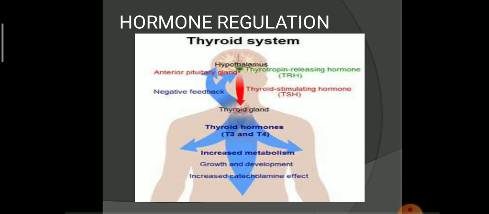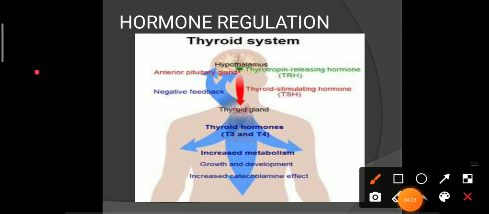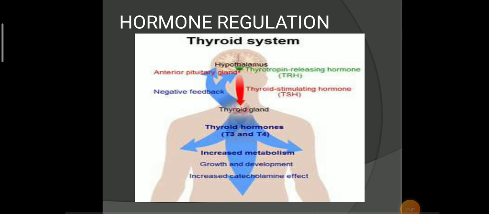Now coming to hormonal regulation. The synthesis of hormones is mostly done by four enzymes. First of all, when food containing iodine is taken, it is converted into iodide and stored in the small intestine.